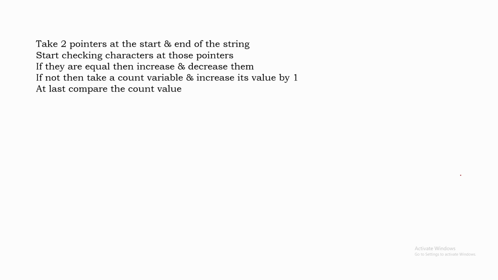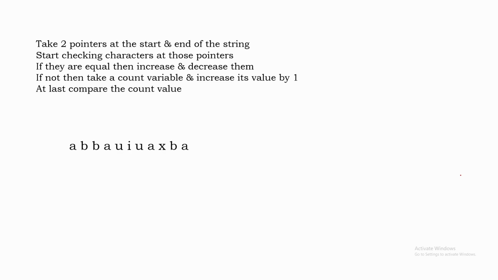And at last we compare the count value. Whenever we encounter that the value of count is greater than 2, we return false, otherwise at the very last we return true.